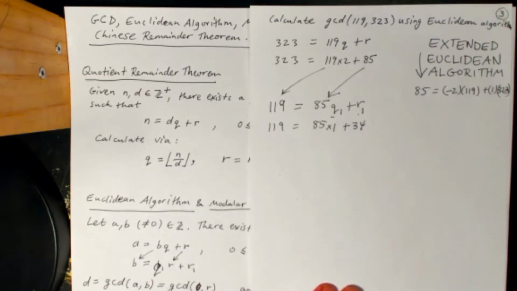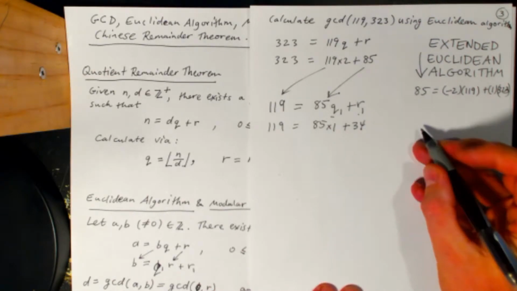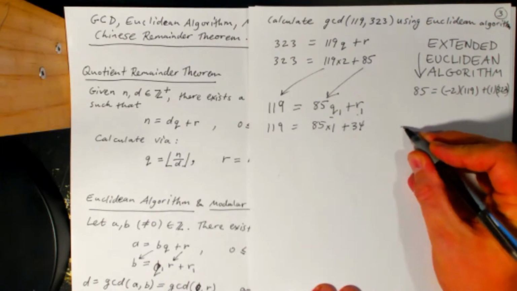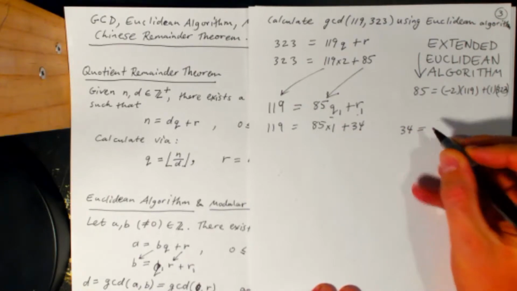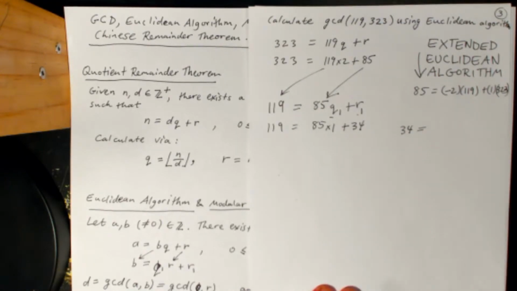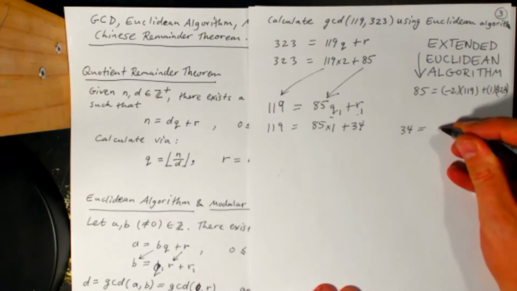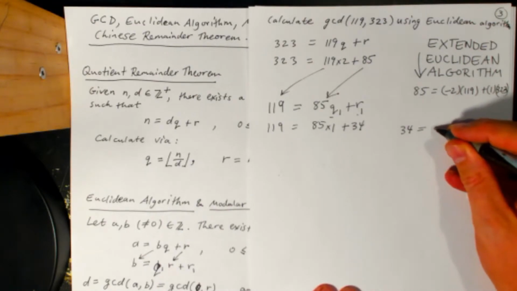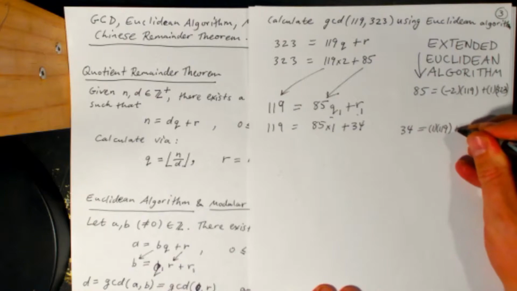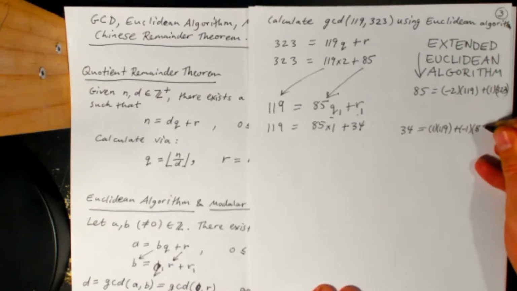Okay, so next what we want to do is write 34 in terms of 119 and 323. So 34 is equal to 119 minus 85. Okay, I'll put the 119 first. So we'll say 1 times 119, and then we've got plus minus 1 times 85.